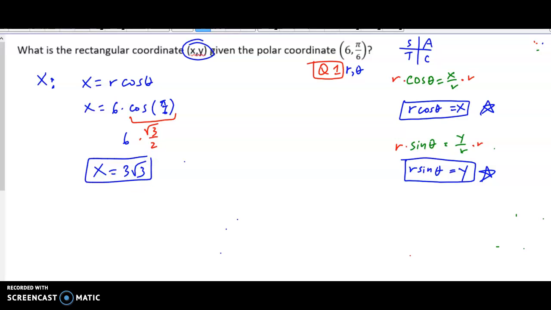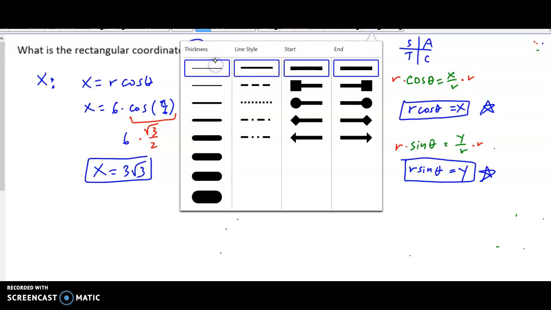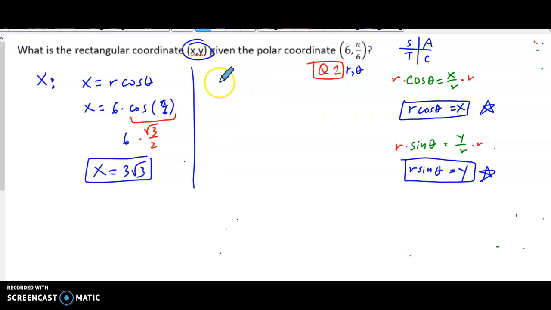When we go through the same process for the y value, we know that y is equal to r sine theta, and y is equal to 6 times sine of pi over 6. Sine of pi over 6, we know that's going to be 1/2.